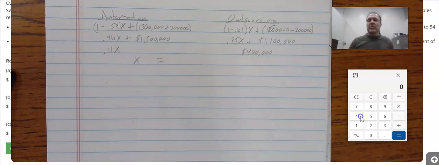We can take our $400,000 difference in fixed cost between the alternatives and simply divide by 0.11.